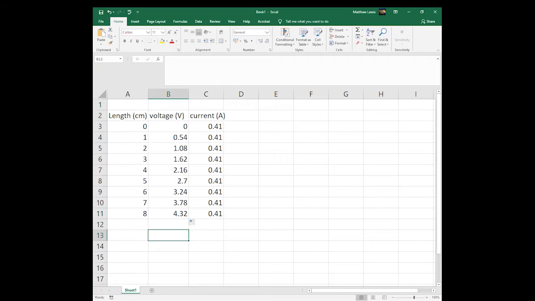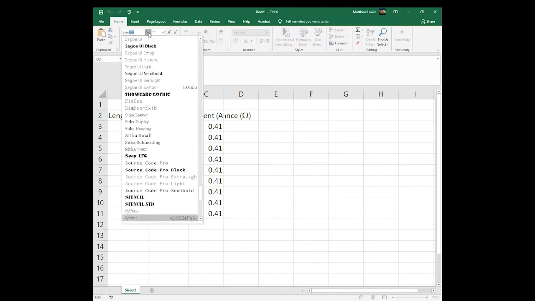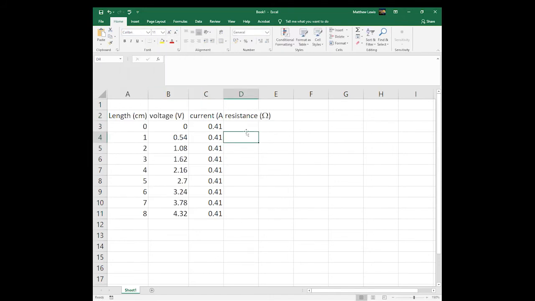Okay, so I've now got my results. What do we need to do for these results? I'd like you to have a column called resistance. If you're doing this by hand, you can use the proper symbol for resistance, which is an ohm, capital Omega. If you're doing it on Excel, you can also do that by changing the font to symbol, and it's a capital W. So we've got resistance.